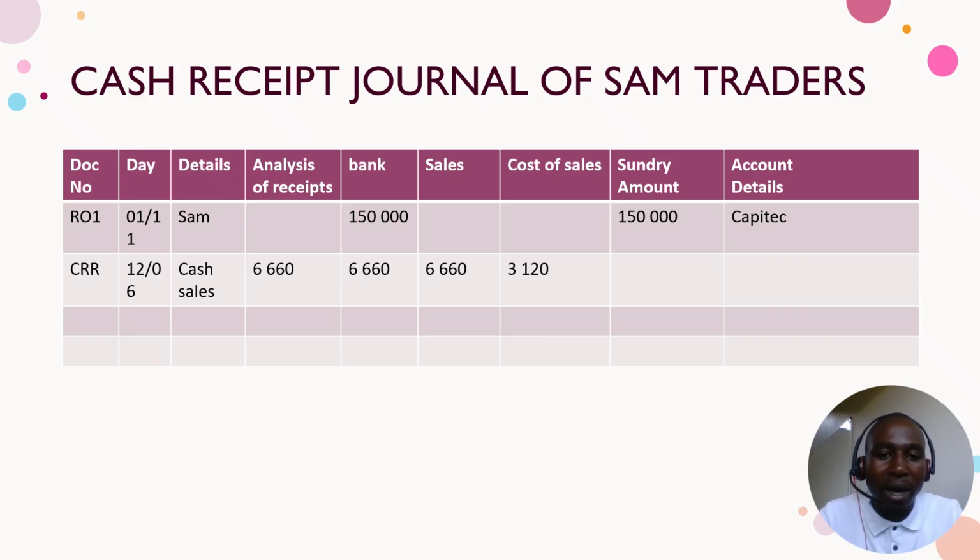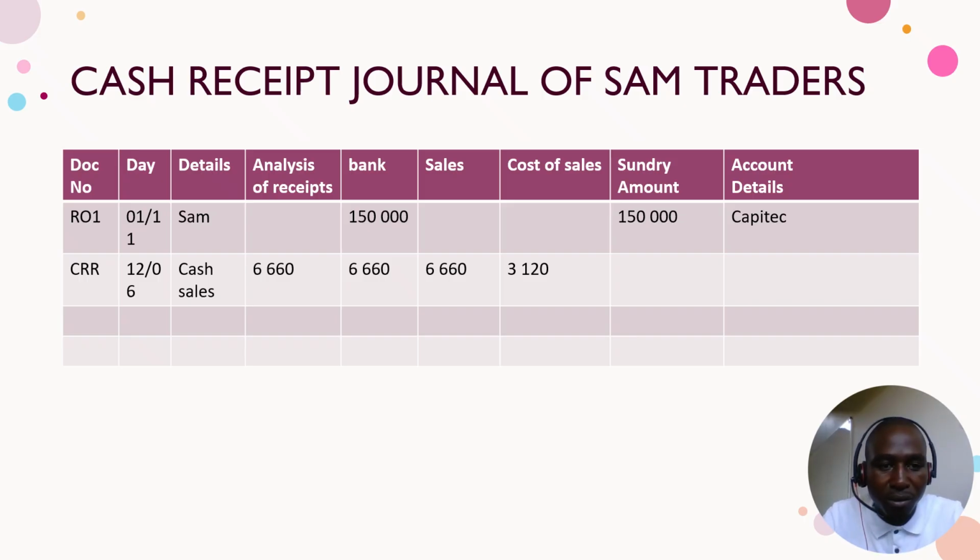And also we write under sales 6,660 because we register sales using the selling price, and we write 3,120 under cost of sales because we register cost of sales using cost price. So when we are doing cash sales, we write under four columns.